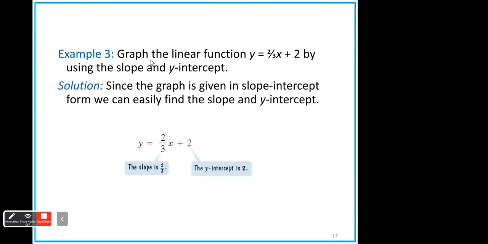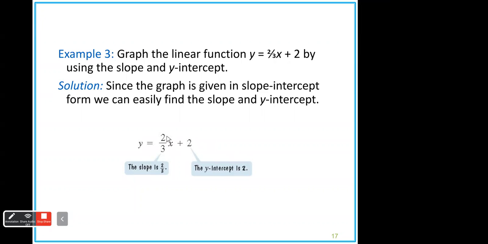So they ask you to graph the linear function y equals 2/3 x plus 2 by using the slope and y-intercept. So since the graph is given in the slope-intercept form, we can easily find the slope and y-intercept.